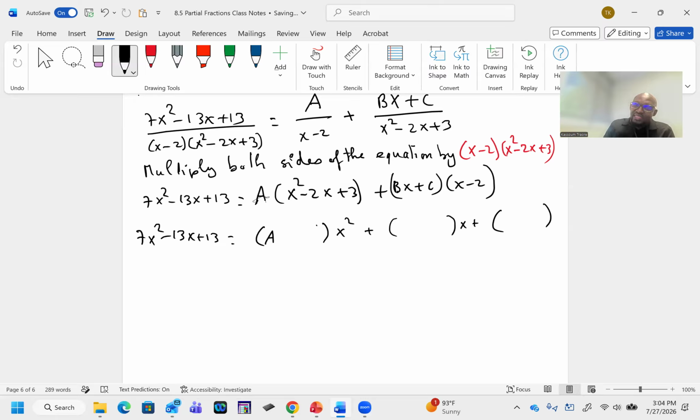We have bx times x, so we'll have plus b. So we'll have a plus b. That's the coefficient of the x squared term. We'll have a times negative 2x, so we'll have negative 2a here. We'll have bx times negative 2, so we'll have negative 2b. We have c times x, so we'll have plus c, right? And then for the constant, we'll have a times 3, which is 3a.